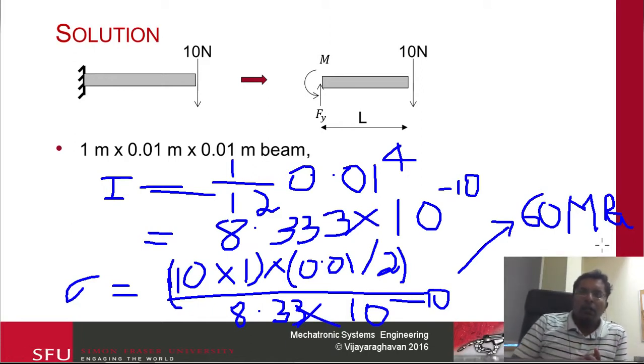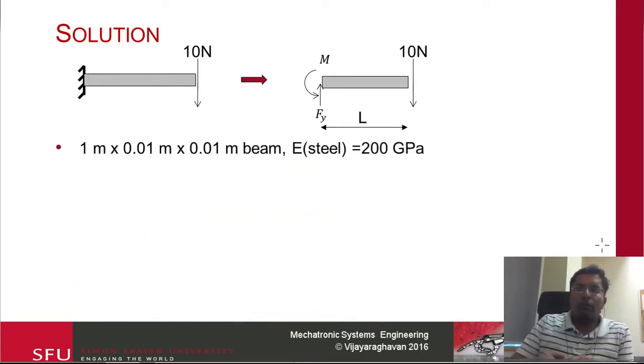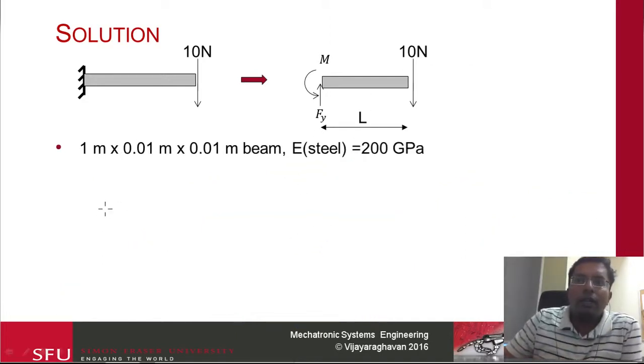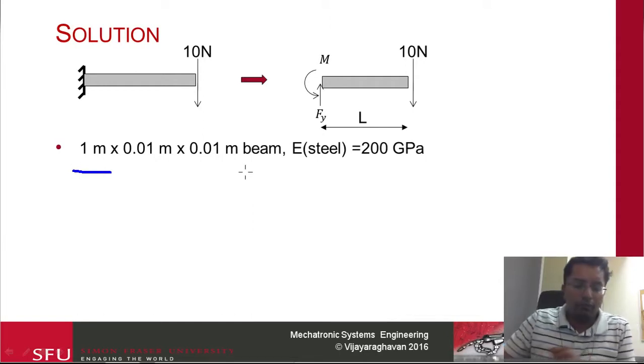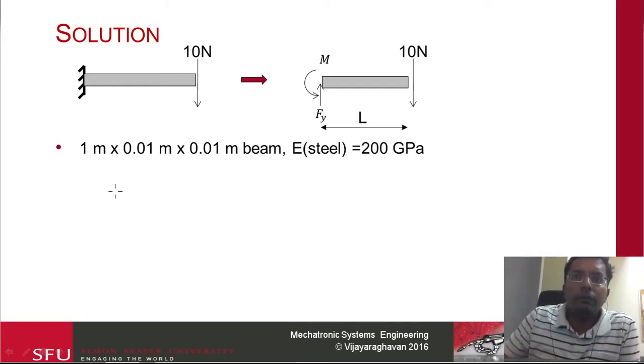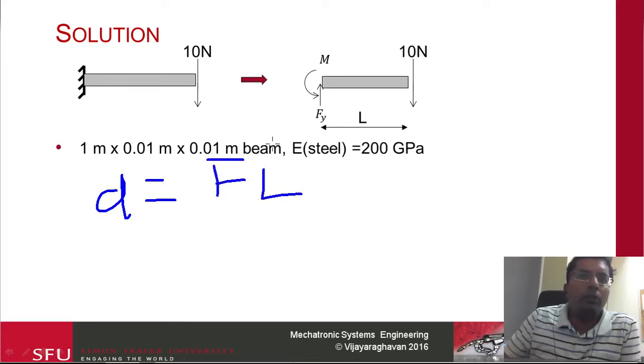If you're interested, we can also calculate the deflection of the beam. For that, the formula that we need to use becomes F L cube divided by 3 EI.